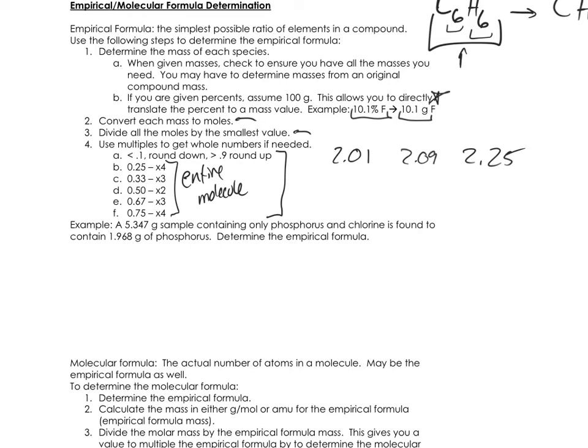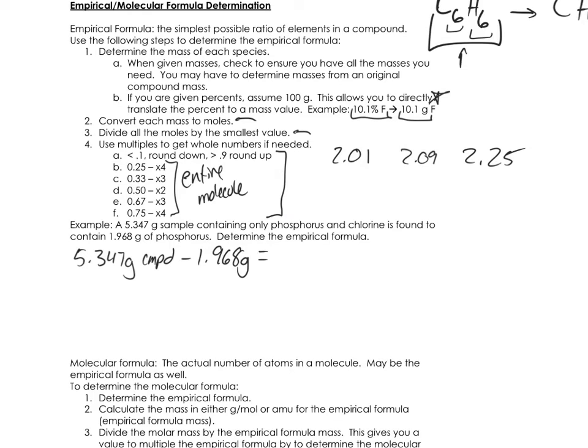Well, we take the original mass, 5.347 grams of compound, and we subtract out the phosphorus. Why does this work? Well, the law of conservation of mass. All of the mass is composed of phosphorus and chlorine. If I know the mass of phosphorus, then I can determine the mass of chlorine.